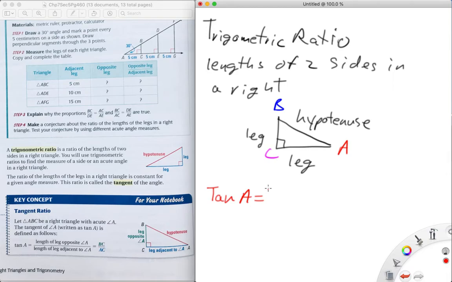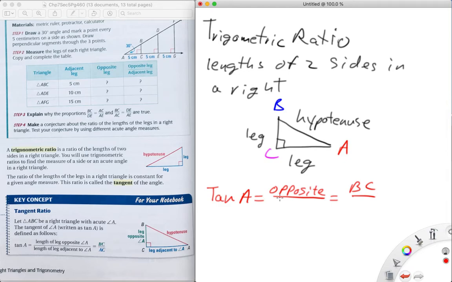It's going to be the side opposite of A. So in this case, we would say BC. Right, the side opposite of A, which is BC, over adjacent.